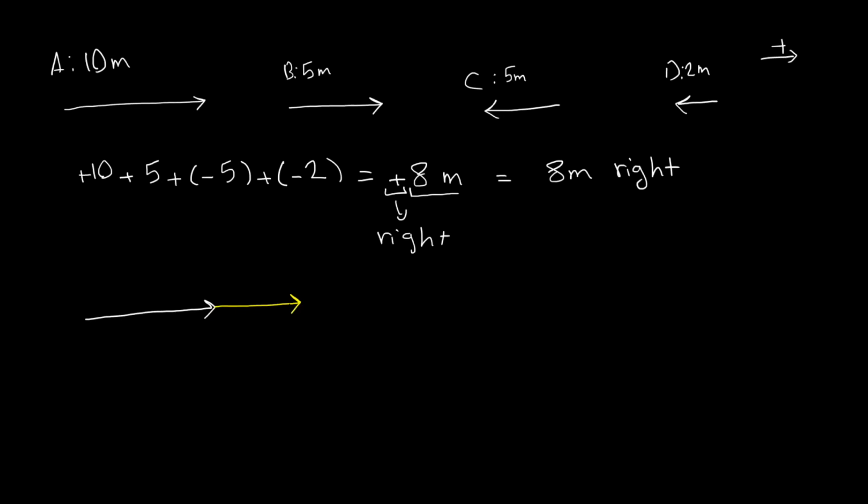This is my vector B. Again, from head of this one, I draw my vector C. So from head of this one, I need to go back another 5 meters. I get to this point, and then I have vector D that is 2 meters to the left. Again, from head of this one, I need to go 2 meters again to the left.